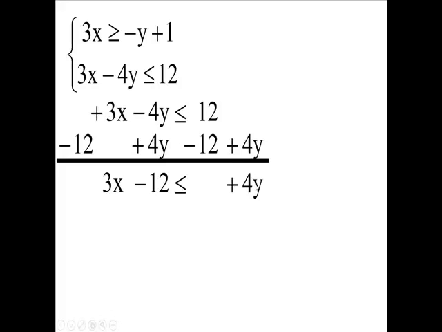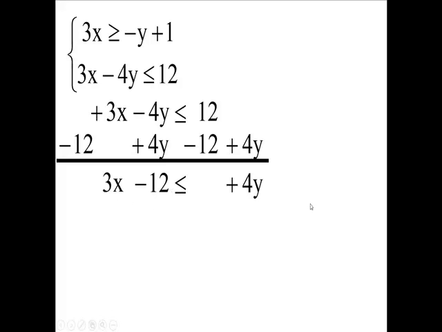Now we're going to divide everything through by 4. We'll divide by 4, but before I do that, I want to write the 4y on the left side, and I want all this over here. Now to say that this is less than 4y means 4y must be bigger than this.